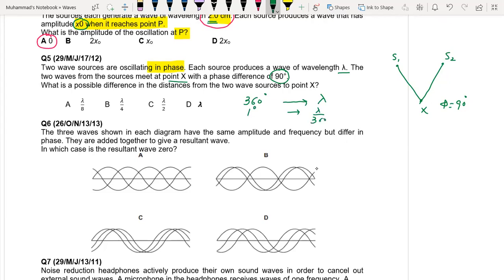This is the ratio method, and 90° will be lambda by 360 times 90. So this will be equal to lambda by 4. If 360° phase difference is equal to one wavelength, then 90° phase difference will be equal to lambda by 4. So that's why B is correct.